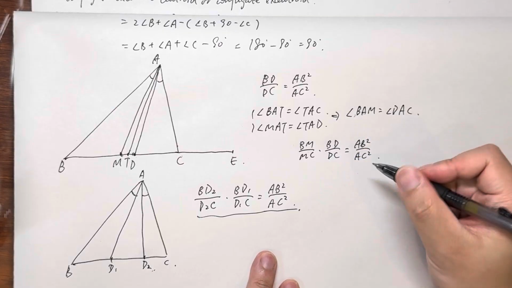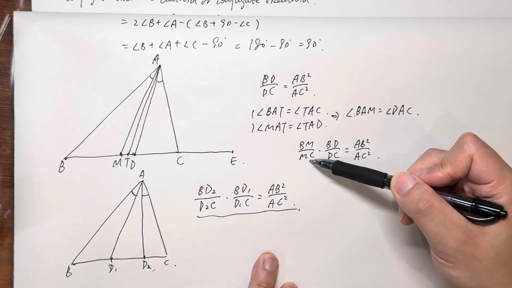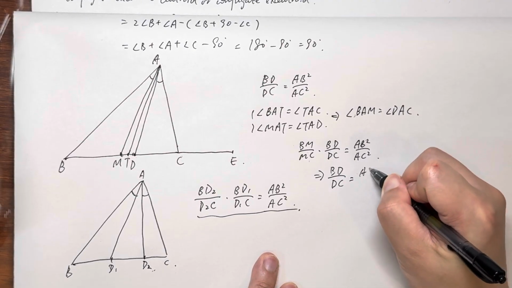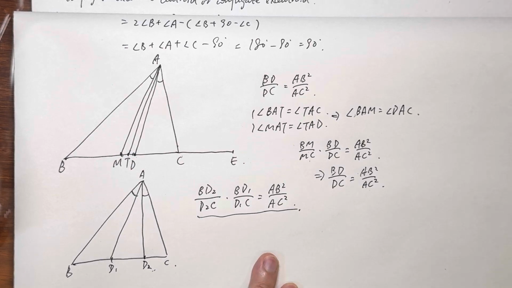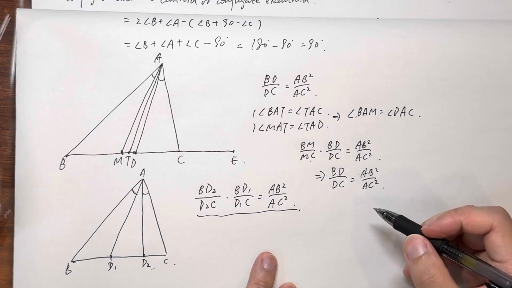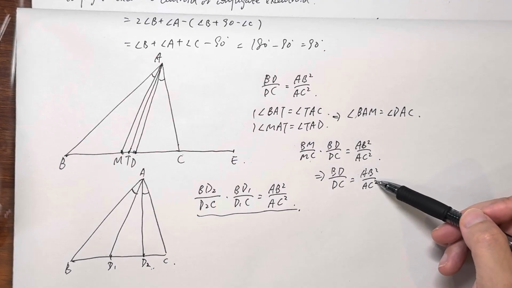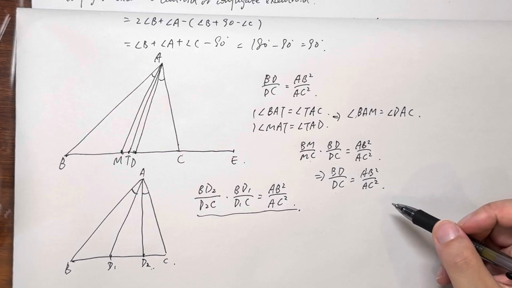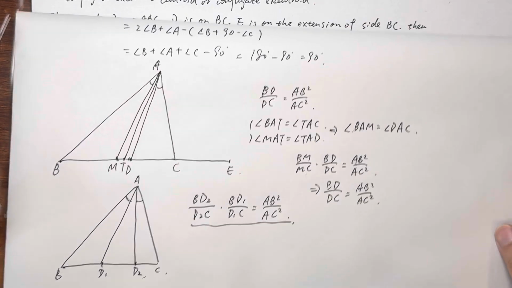That's the Steiner's theorem. And we know that M is the midpoint of the segment BC, so BM equals to MC, which means BD to DC equals to AB squared to AC squared. Right? And we already proved before that on a segment, if you fix a ratio, then this point is fixed. So we basically proved the case that if and only if, right?